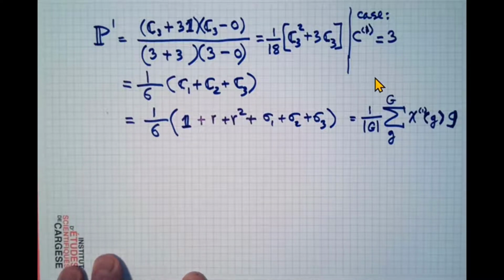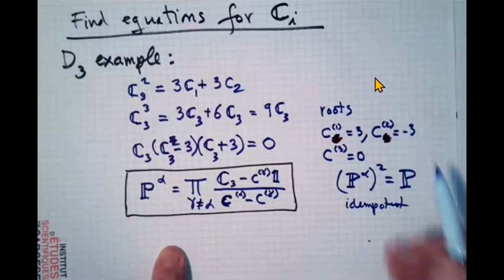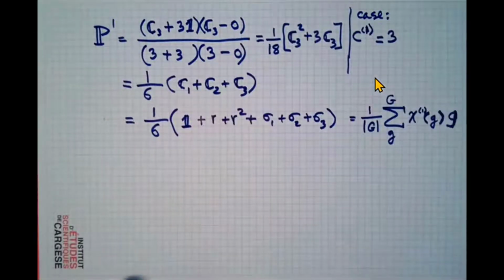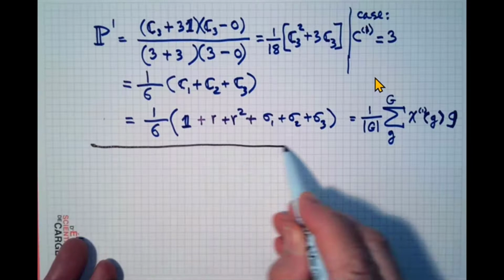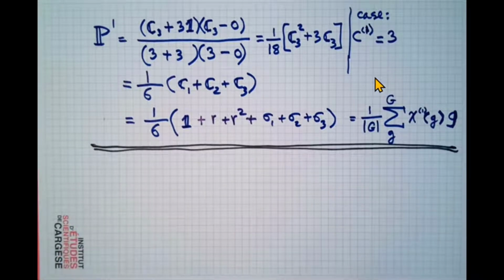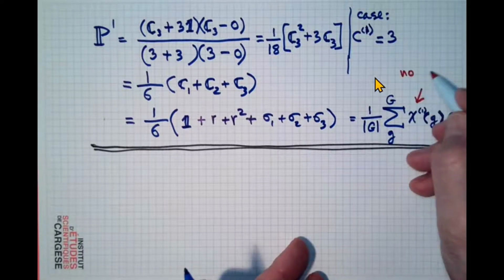Then we have 2 more eigenvalues, -3 and 0. So we have 2 other projection operators. Notice in this calculation, characters just come out as the result of calculation. I don't do any voodoo by using the cookbook recipes. No cooking.